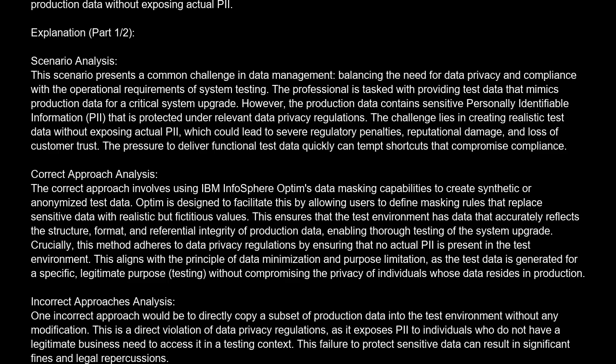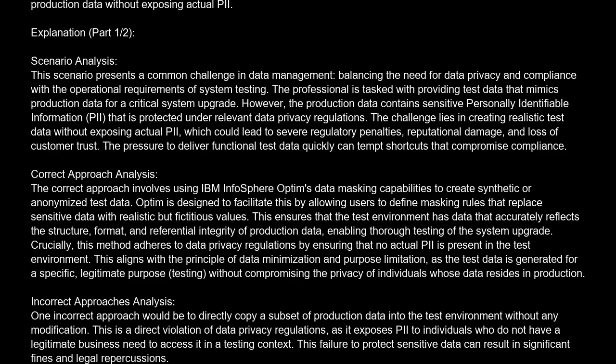Crucially, this method adheres to data privacy regulations by ensuring that no actual PII is present in the test environment. This aligns with the principle of data minimization and purpose limitation, as the test data is generated for a specific, legitimate purpose, testing, without compromising the privacy of individuals whose data resides in production.